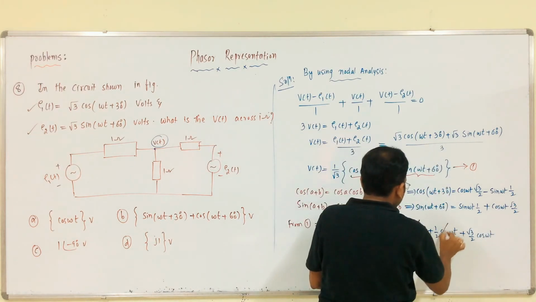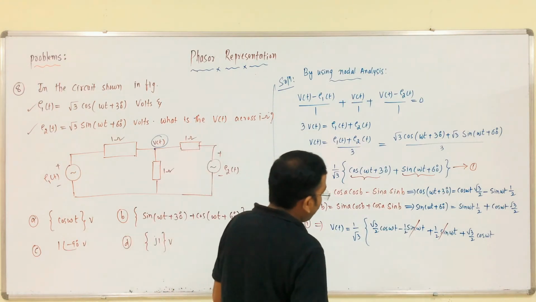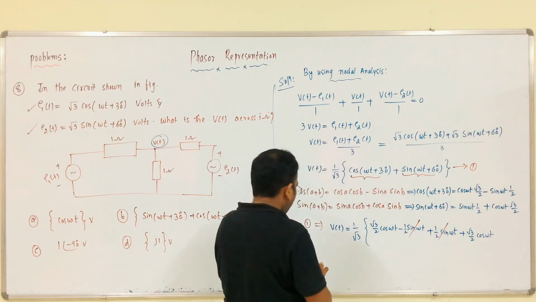So, this one gets cancelled. We have 2 root 3 by 2 cos omega t.